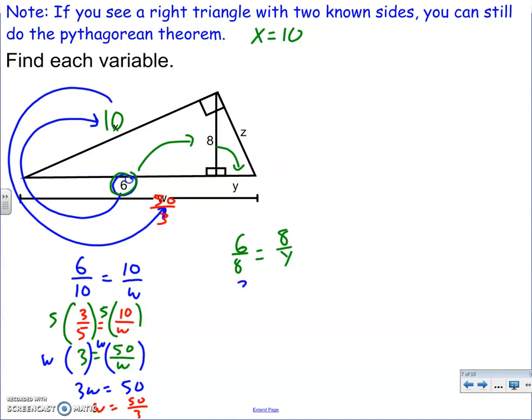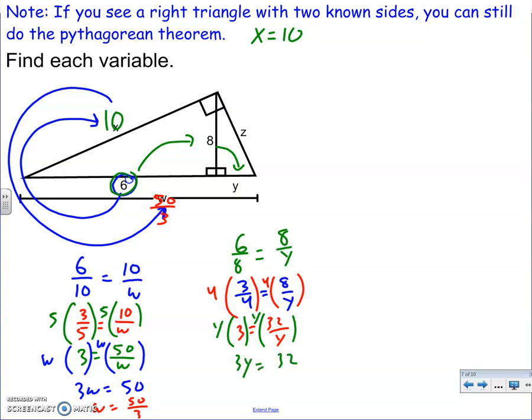So that is 3 over 4 goes to 8 over y. Get rid of fractions, let's multiply by, I guess, 4 first. So that's 3 equals 32 over y. Get rid of the next fraction, multiply by y. 3y equals 32, divide by 3. y equals 32 over 3, and that does not reduce.